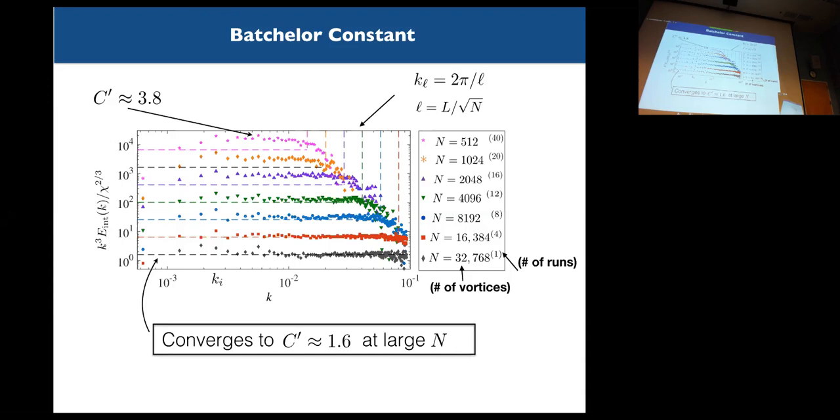The larger the constant is, the less efficient the cascade is. But as we crank up the vortex number, these spectra seem to converge onto this value of 1.6, which is in pretty good agreement with the accepted classical value. It varies depending on your initial conditions, but it's in the range of 1.1 to 1.4.